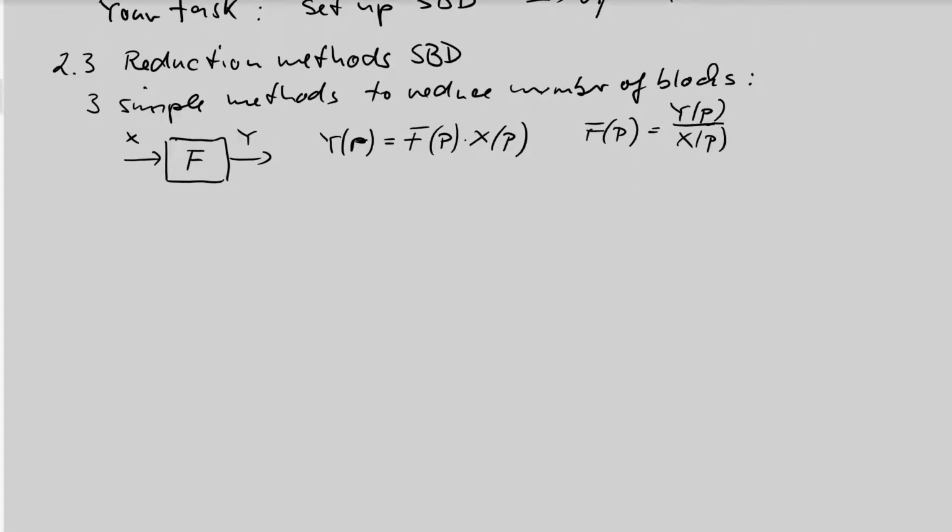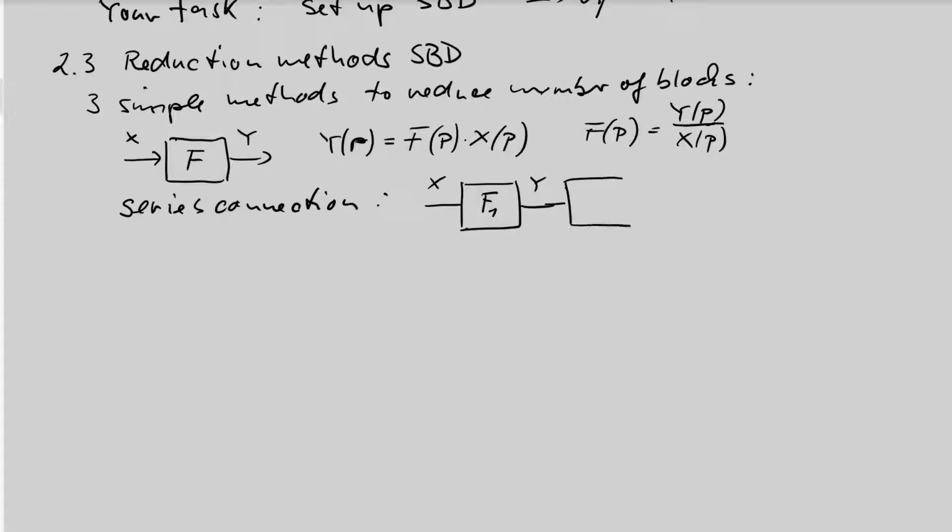The first simple method is the series connection. Series connection of 2 blocks. Series connection means I have 2 blocks, namely first block with function f1, so this is x, I have output y, and then directly followed by a second block with a second function.